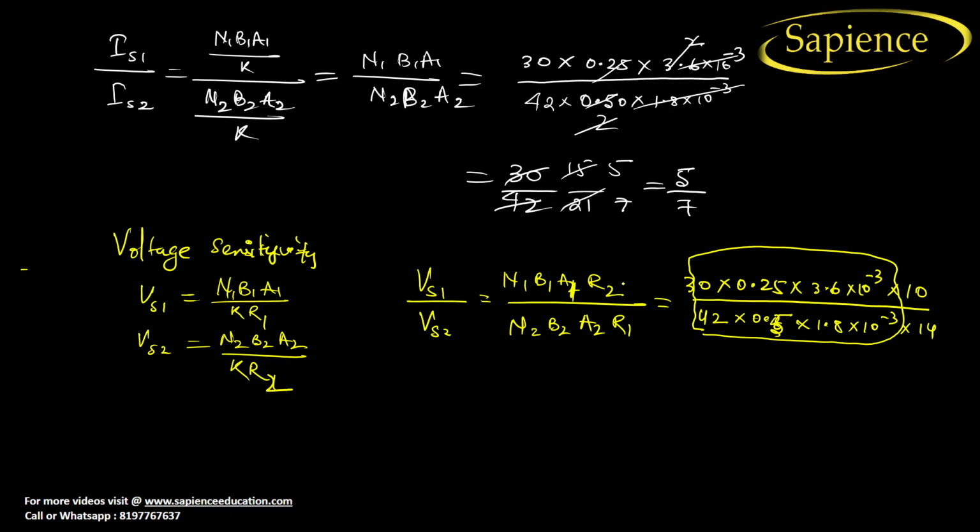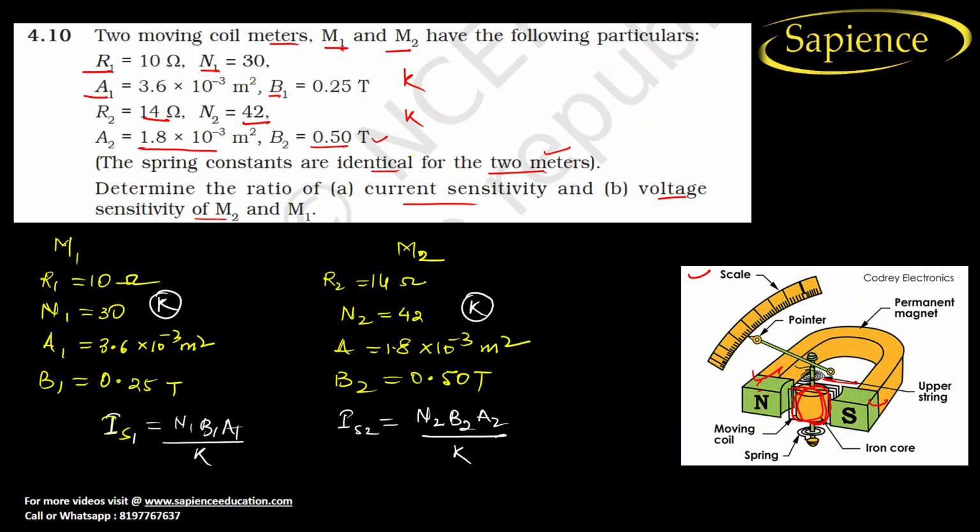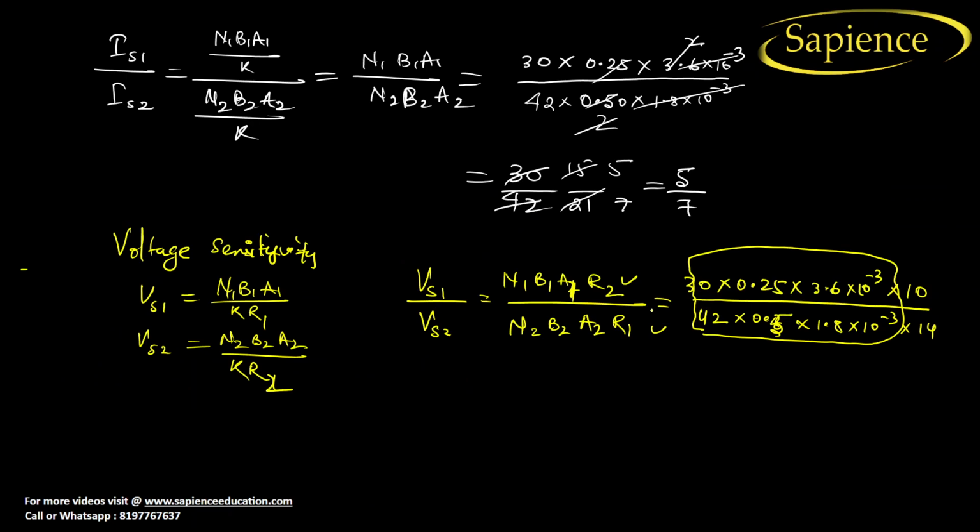See, this is your R2 and this is your R1. What is the value of R2 here? They have provided you R2 as 14. So above should be 14 and this one should be 10, right? Let's check it, because when you put a formula wrongly it is very costly. So this will be 14 and this will be 10.